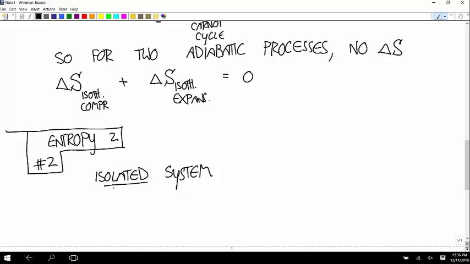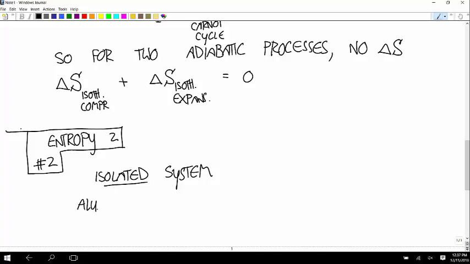If you have an isolated system, then, yeah, there's no material transfer, no heat transfer, no work done. But the way that's probably going to come up is we know that in an isolated system there can only be positive change in entropy.